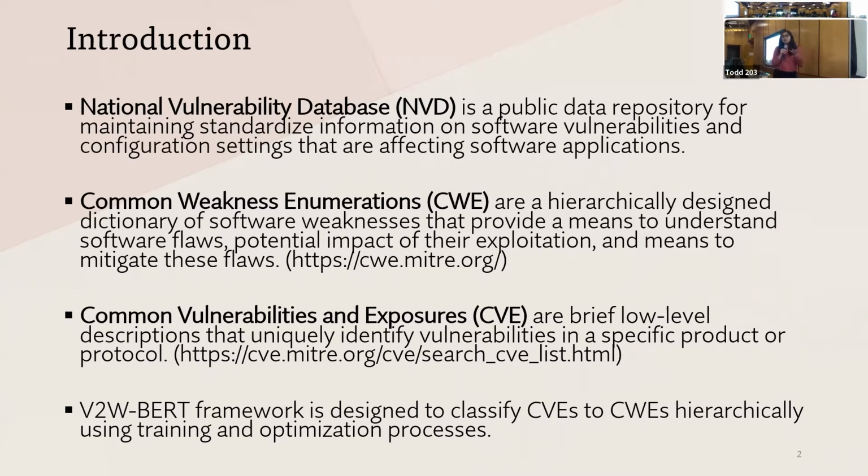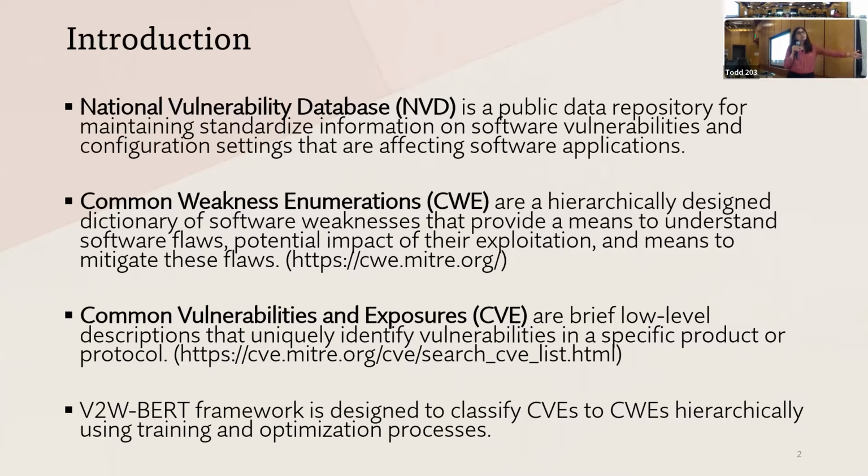CVE is Common Vulnerabilities and Exposures, a description that uniquely identifies a vulnerability specific to a product or protocol. CWE is Common Weakness Enumeration, a dictionary of software weaknesses that helps you understand software flaws, the potential impacts of their exploitation, and how we can mitigate those flaws.